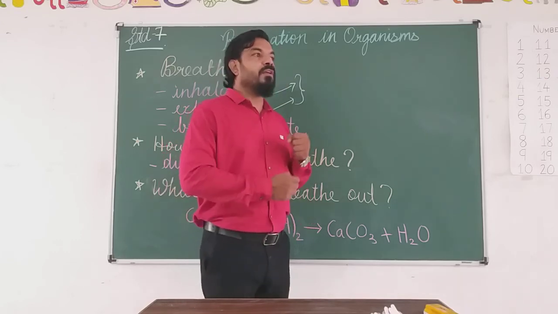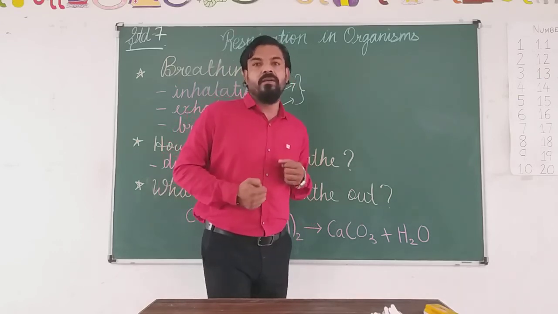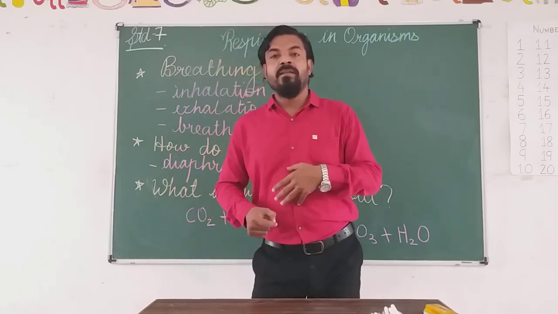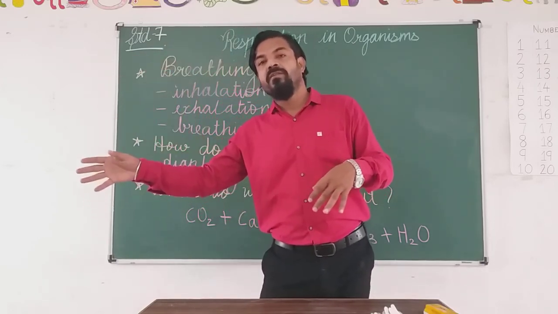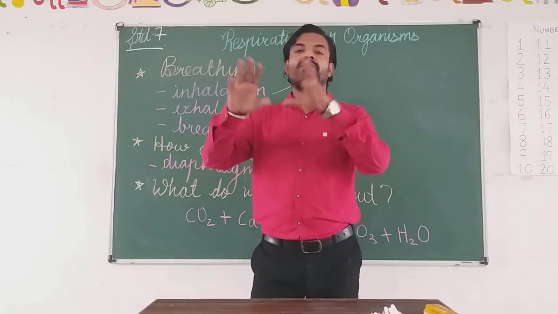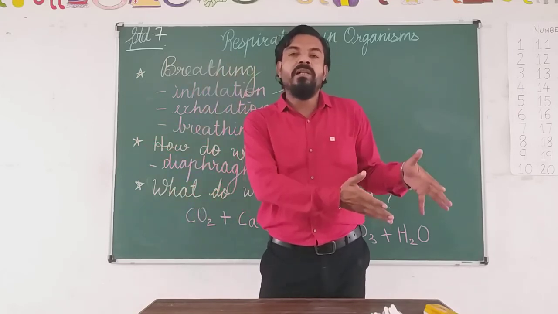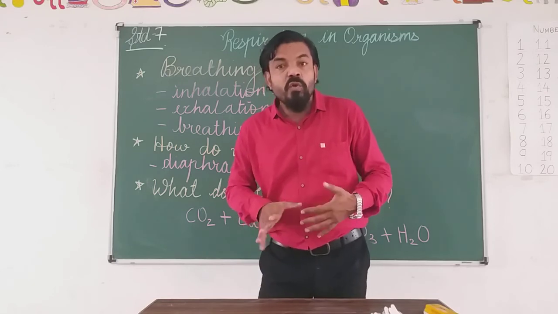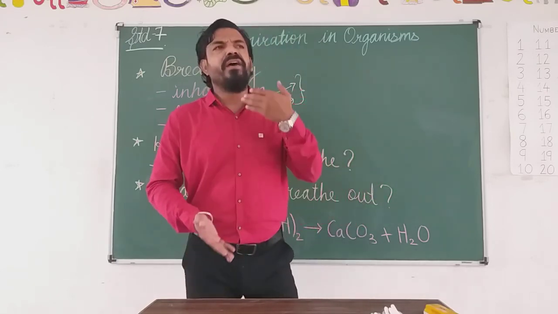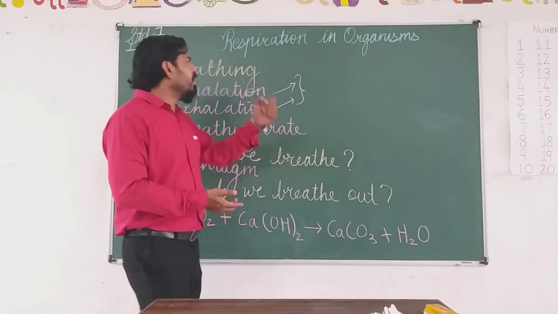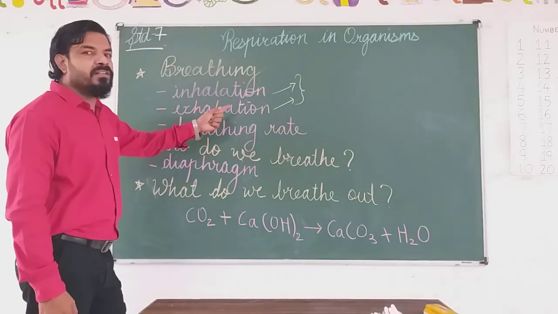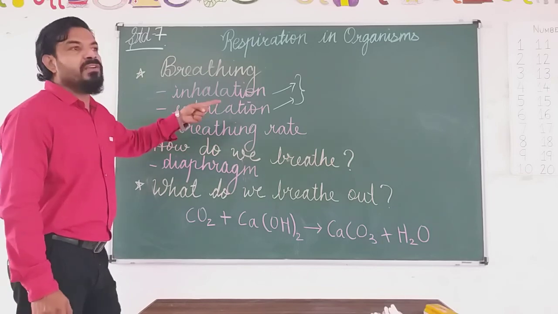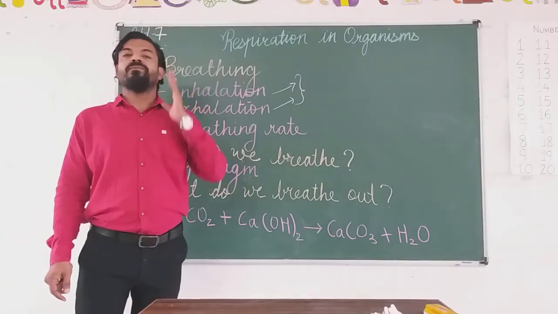Similarly, after a 100-meter run, count again. And after relaxation, check the table given in your textbook and note down your observations. You will find that the inhalation and exhalation change with the activity you are doing.